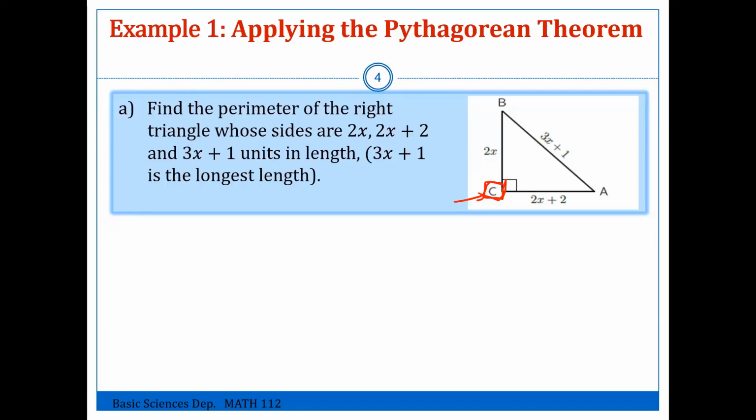So سؤال, find the perimeter of this triangle. ايش معناها perimeter? The total length of all sides. The total of the lengths بالعربي المحيط.